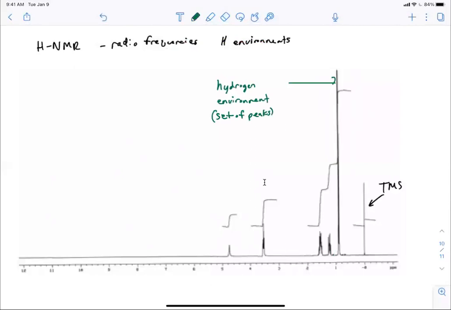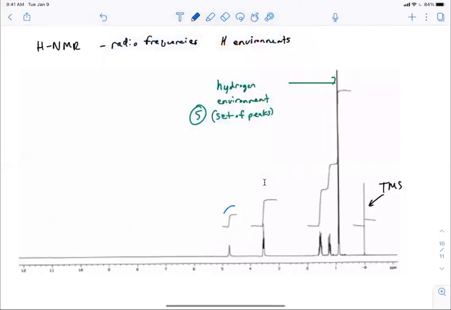This molecule here has 5 hydrogen environments. So the number of sets of peaks is important for that. How many different hydrogen environments do I have in the structure?